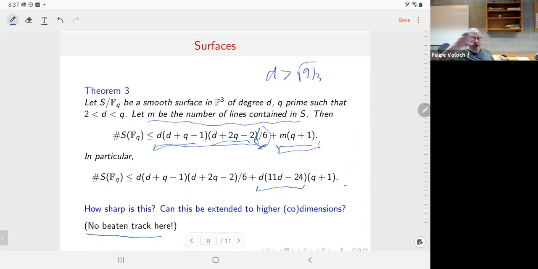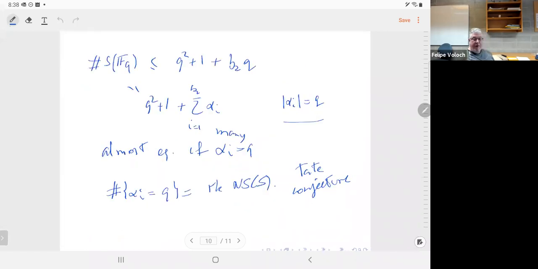So you can dream, and I've dreamt of this many times, but I haven't managed to make it a reality, that a proof of, dare I say, the Weil conjectures for surfaces, or something approaching that, would, in the process, write down some equations for which the one-dimensional components give you elements of the Néron-Severi group.